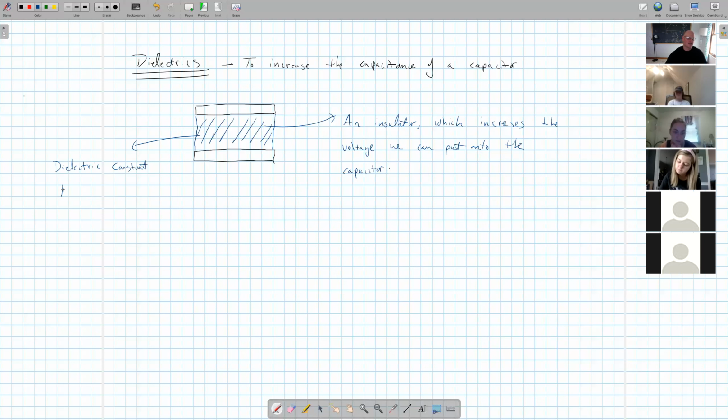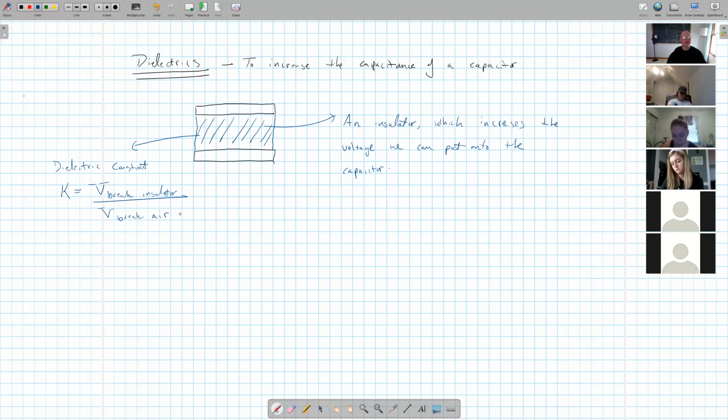So the dielectric constant, we're going to call that capital K, one more K, yay for Ks, is equal to the breakdown potential of the insulator divided by the breakdown potential of air. So this is what's called the dielectric constant.